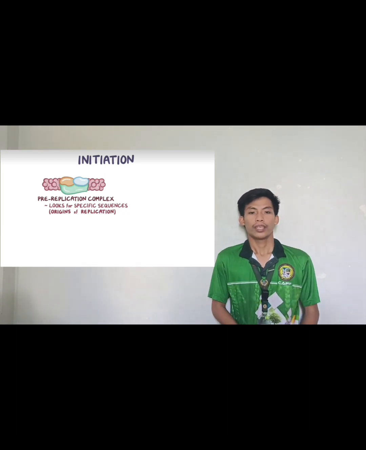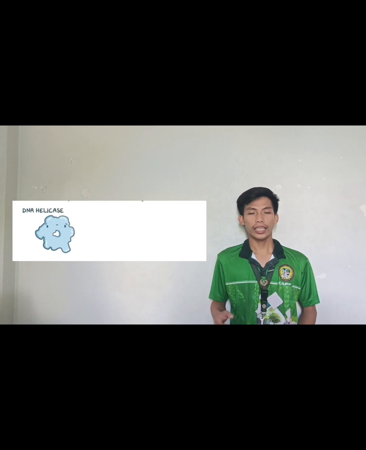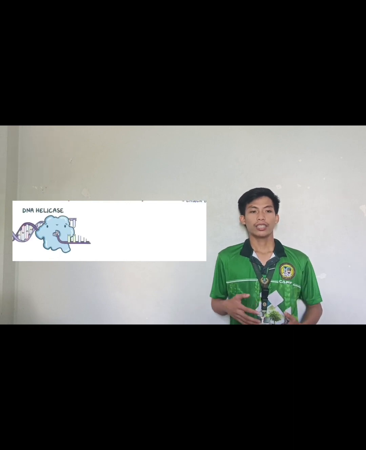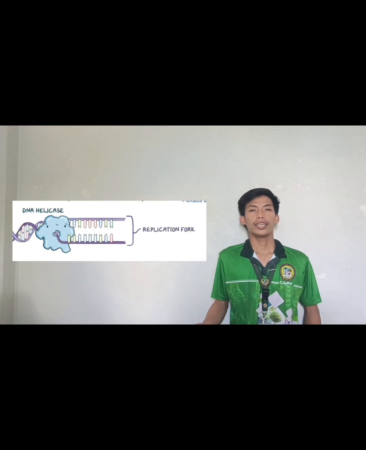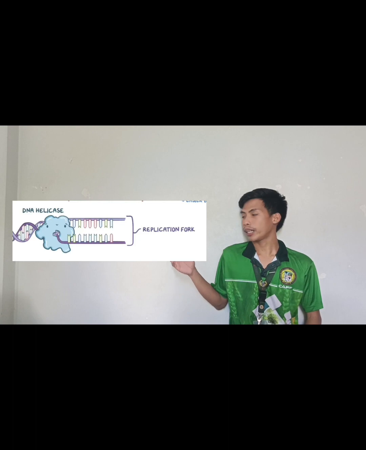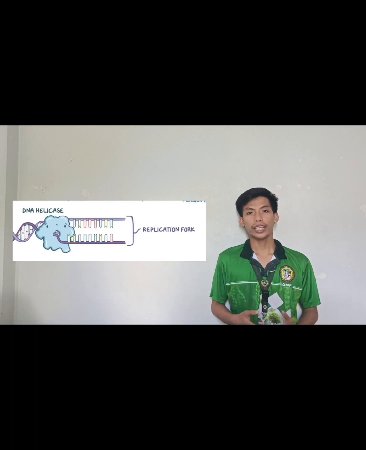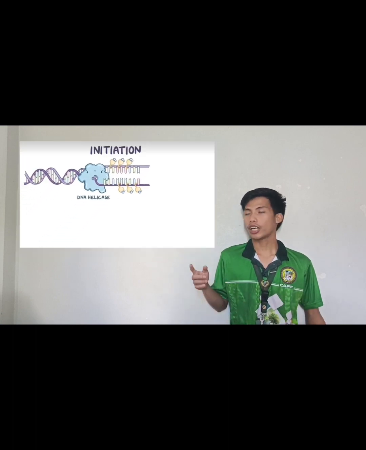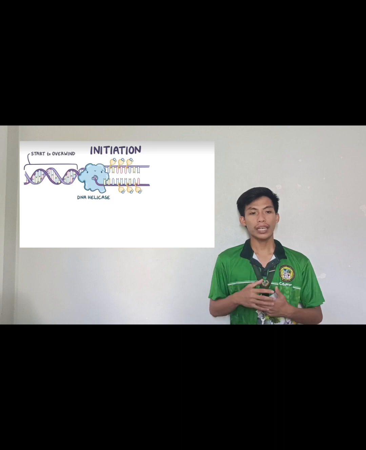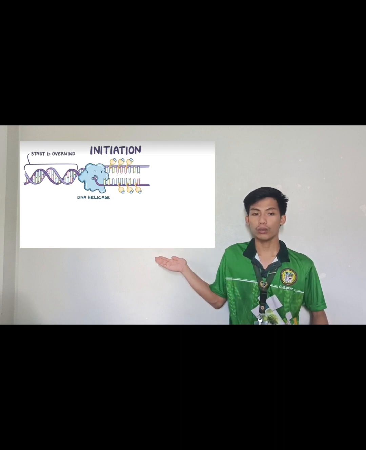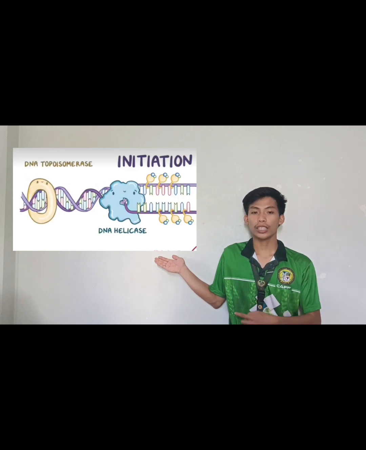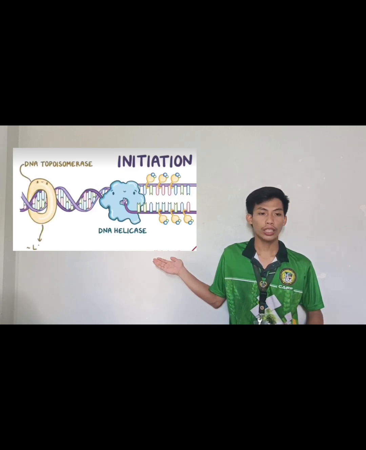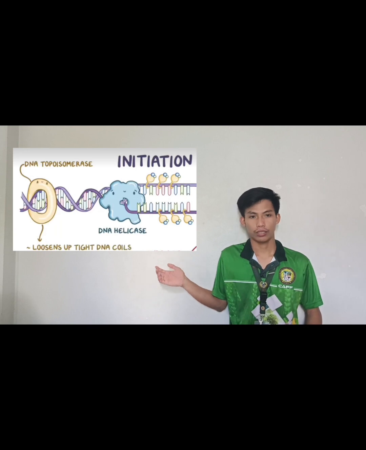Take note, the enzyme DNA helicase catalyzes the separation and unwinding of the nucleic acid strands, which creates a replication fork. The segment ahead of it starts to overwind, meaning the double helix is tightly wound. So DNA topoisomerase works ahead of the helicase to loosen up the tightened DNA coils.